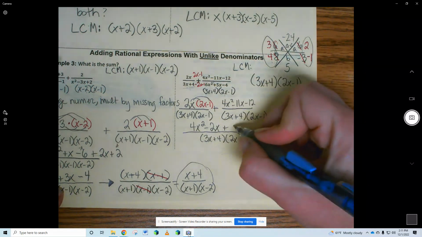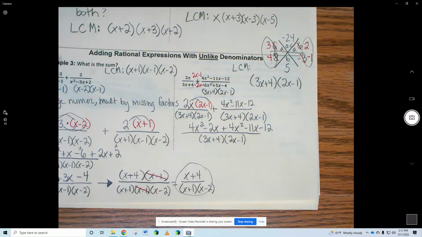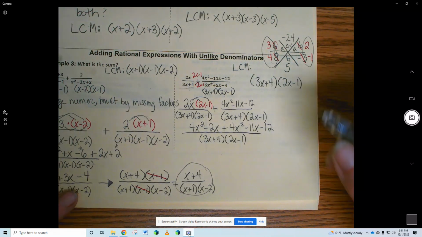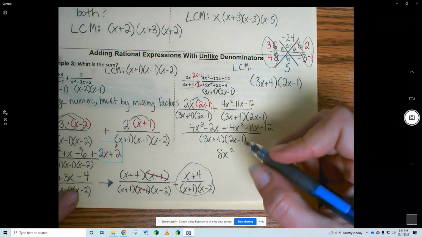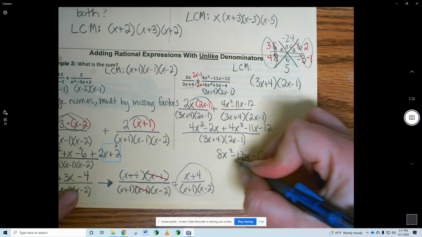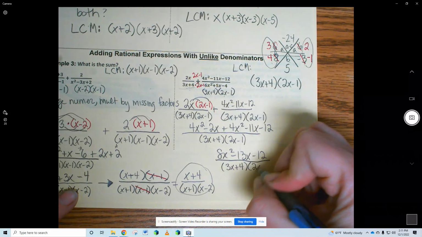And then write the next one as is. 4x squared minus 11x minus 12. Okay. Combine like terms where you can, and then we're going to factor it. 8x squared minus 13x minus 12, over 3x plus 4, 2x minus 1.